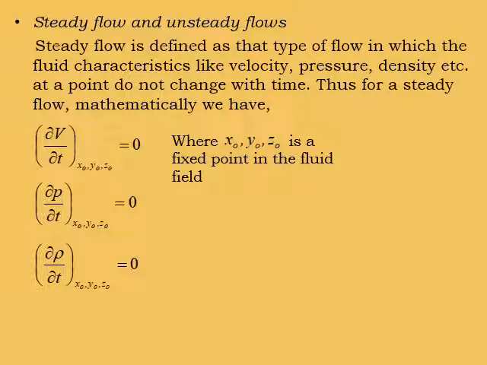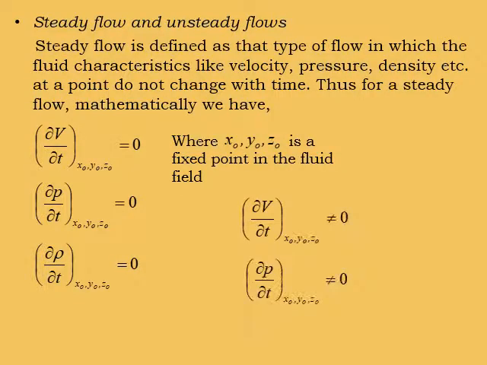There is no variation in fluid characteristics at one particular position as a function of time. That is called steady flow. If there is a change in velocity or a change in pressure with respect to time at a particular point, it is called unsteady flow. So these are the expressions connected to steady flow as well as unsteady flow.